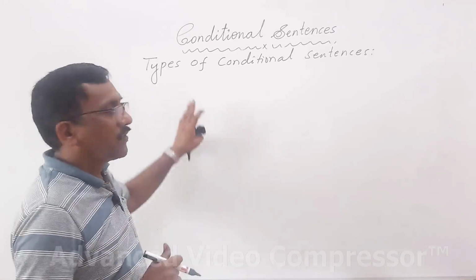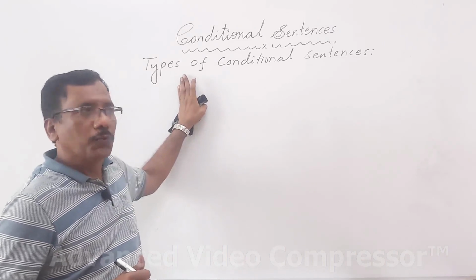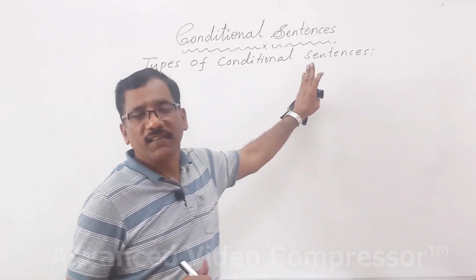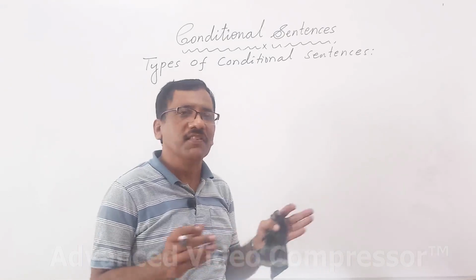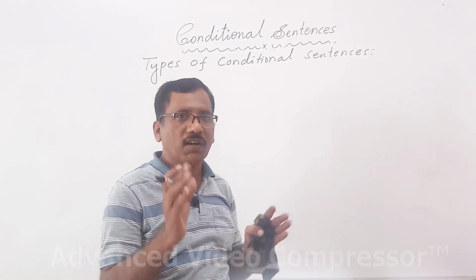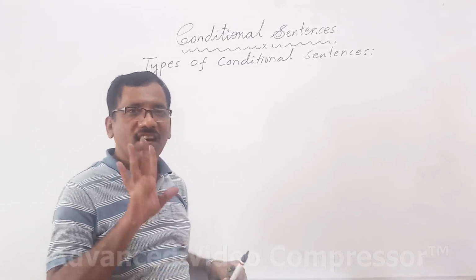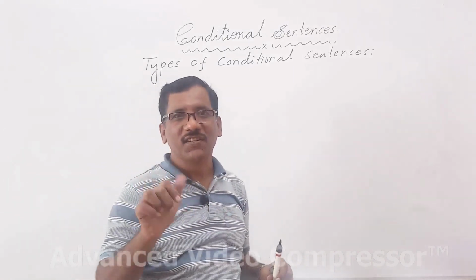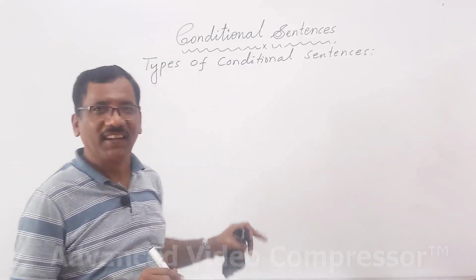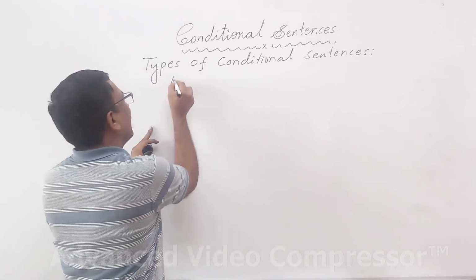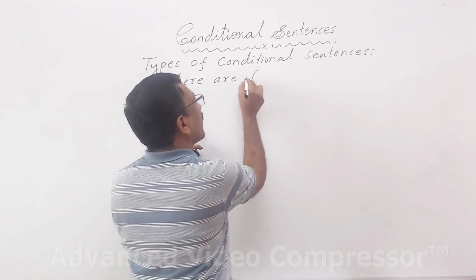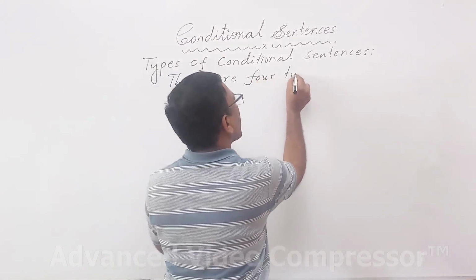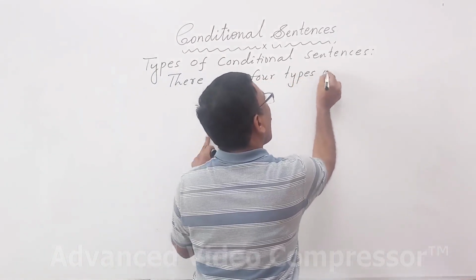Dear students, now let's move to types of conditional sentences. How many types of conditional sentences are there? For your kind information, there are 4 types of conditional sentences. What are they? Let us see here.